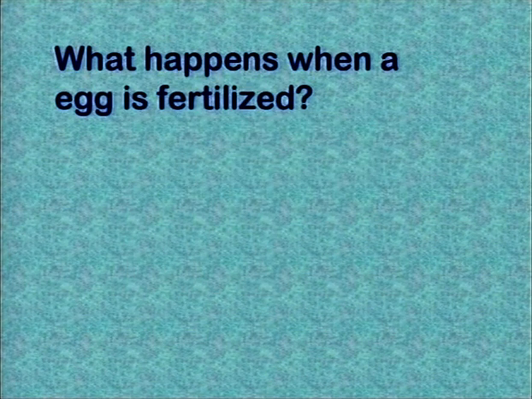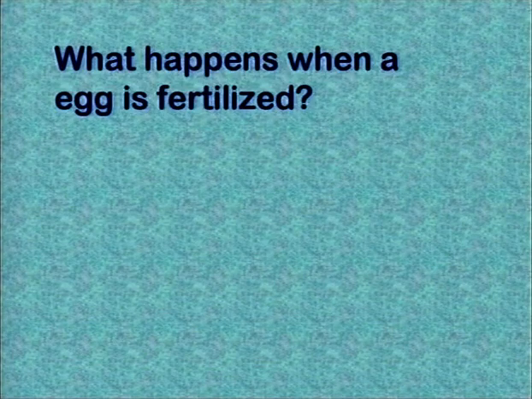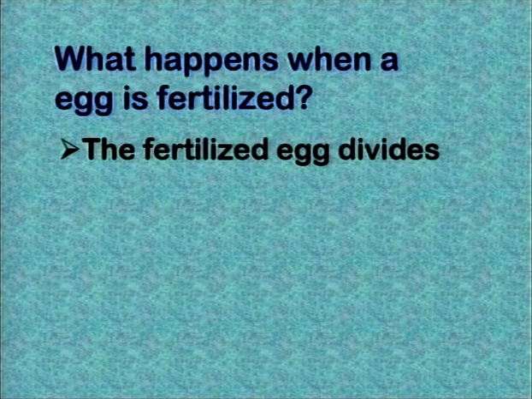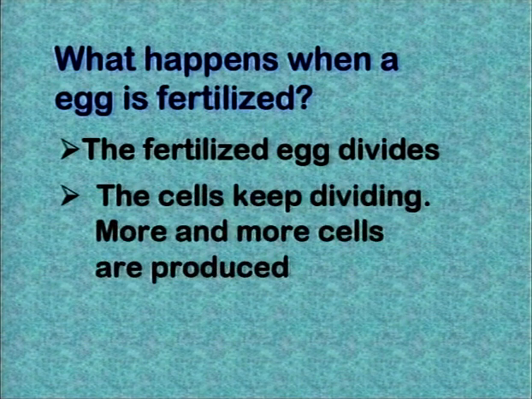Good. All right. I should be specific here. What happens to a fertilized egg? The answers you have given are not wrong. They are all right. But we should have something like this. The fertilized egg divides. The cells keep dividing. More and more cells are produced.